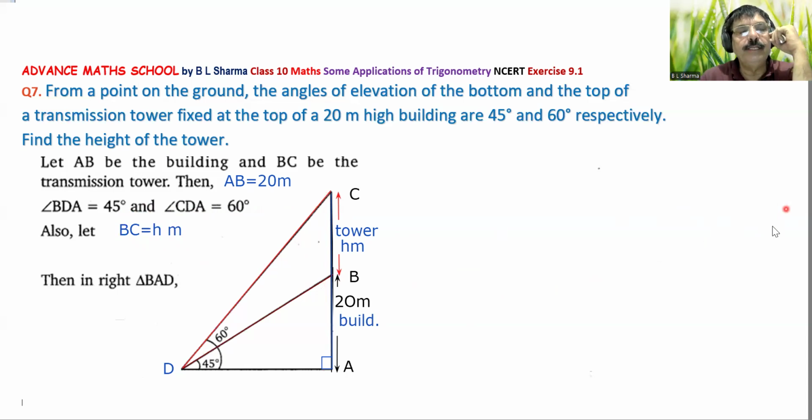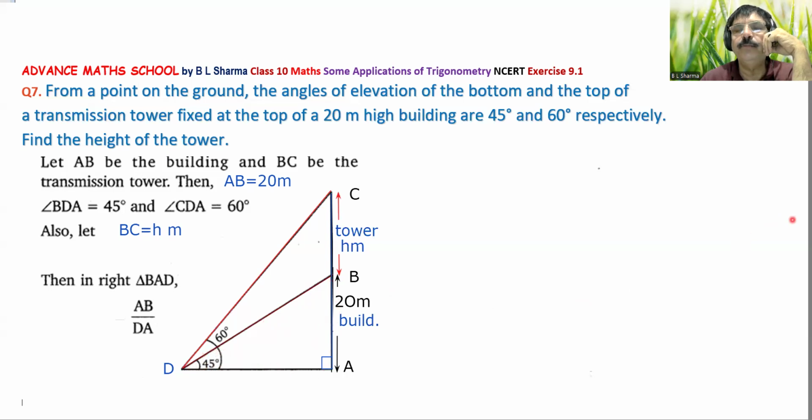Here there are two acute angles, with a right angle in triangle BAD. In this right triangle BAD, for the 45-degree angle, AB is the perpendicular and AD is the base.